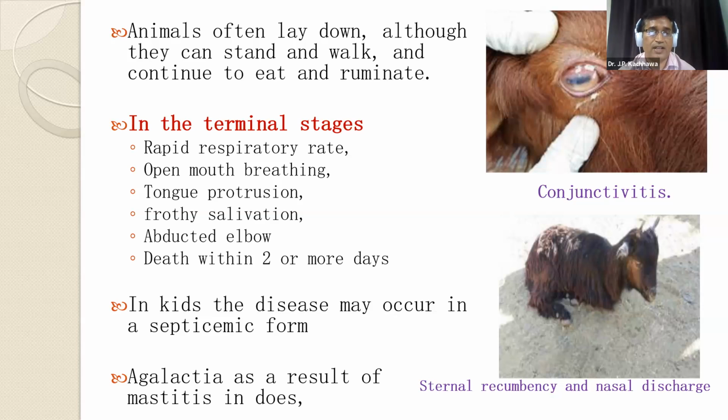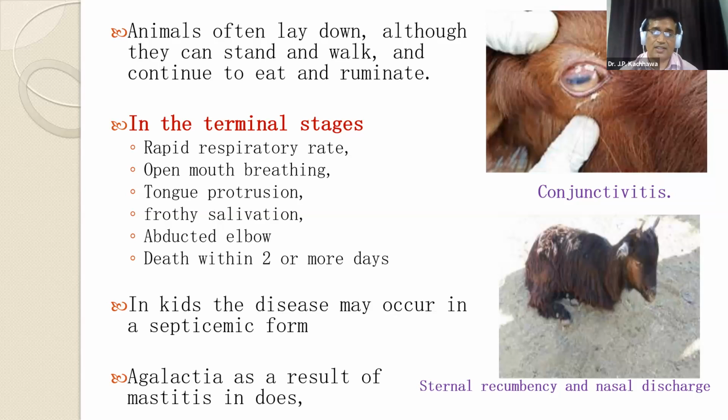But in terminal stages, the respiration rate increases very fast. There will be open mouth breathing. The tongue may be protruded. There may be chances of frothy salivation. The animal keeps its elbows abducted, and may die within 2 or more days.